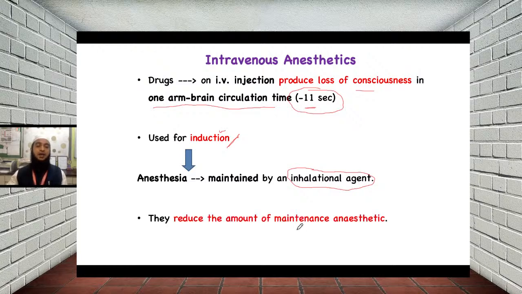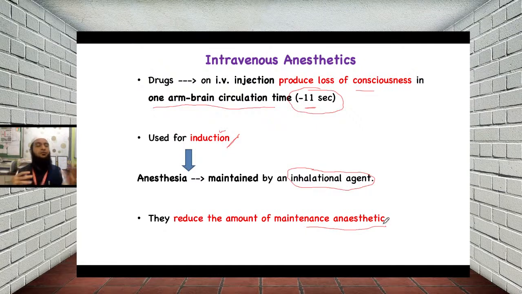The next important thing is that if you use an inducing agent, an intravenous agent, it helps you reduce the amount of maintenance anesthetics. Now your goal as an anesthetist is to expose as little drug as possible to the patient.